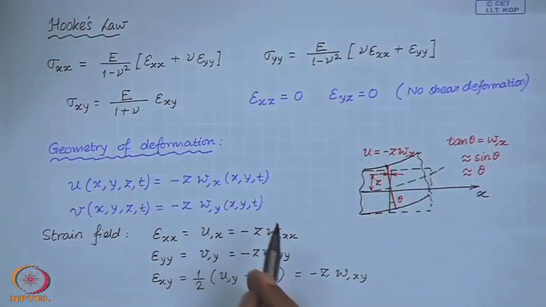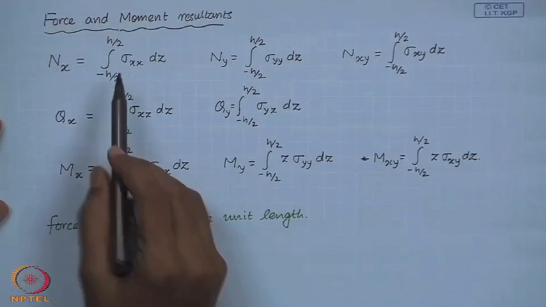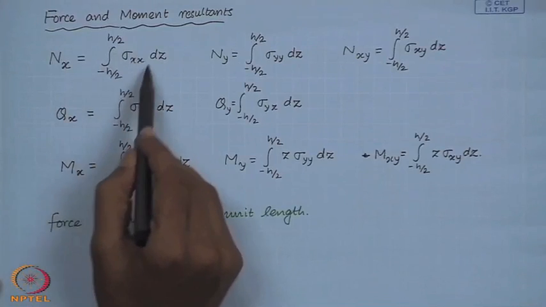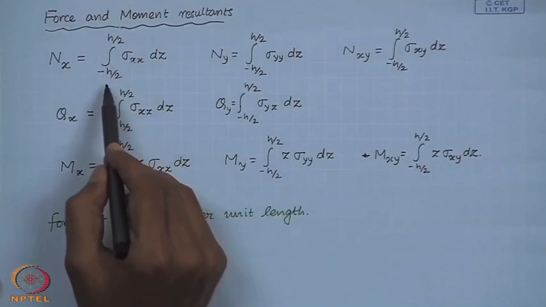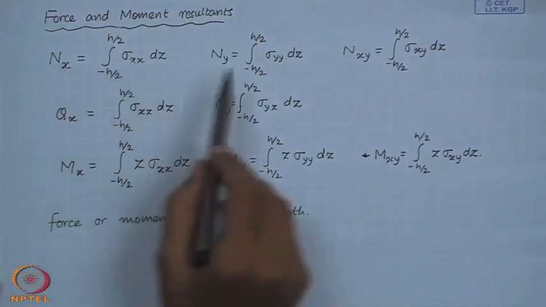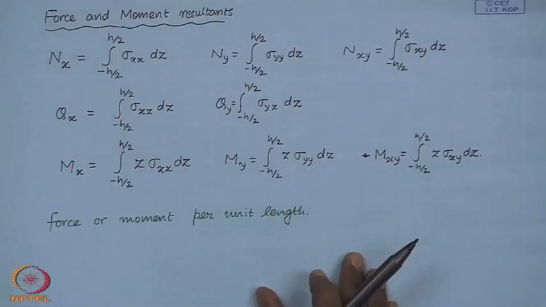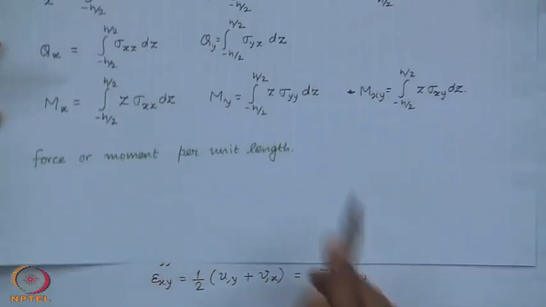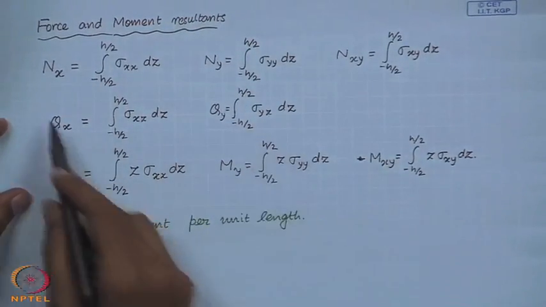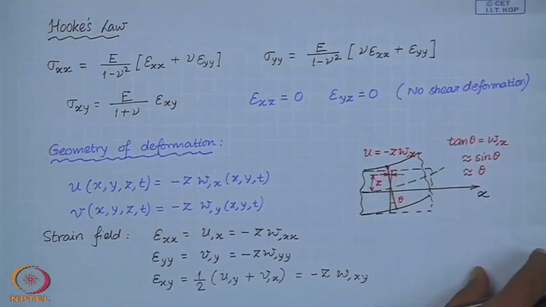If you go back to the calculation of the resultants, if this is linear in z, then z integrated from minus h by 2 to plus h by 2 is actually 0. So, these terms vanish: n x, n y and n x y are all 0. So, the non-zero resultants are q and m. Let us calculate m, because q will ultimately come from the equations of motion.